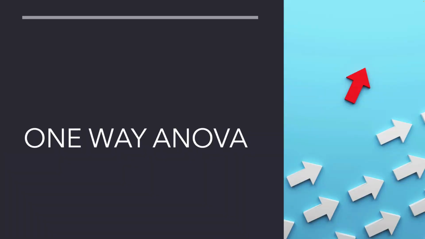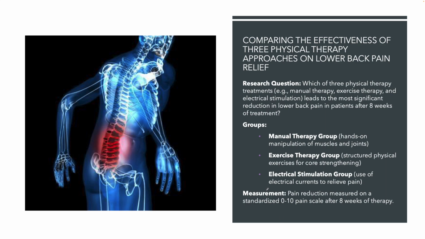And let's, of course, give us a slightly more in-depth look at a one-way ANOVA. So we're comparing the effectiveness of 3 physical therapy approaches on lower back pain relief. Okay, so we're looking at the research question: which of the 3 physical therapy treatments, manual, exercise, or electrical, leads to the most significant reduction in back pain in patients after 8 weeks?